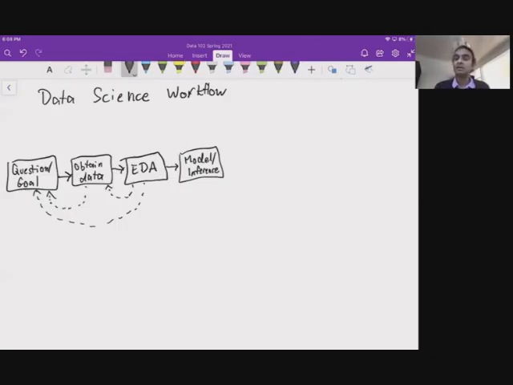So, maybe you formulate a Bayesian model. Maybe your question is a causal question and your inference needs to be a causal inference. Maybe you get some sample data that's available offline, but your product is going to be deployed in an online setting. And so maybe you need to use bandits or reinforcement learning.